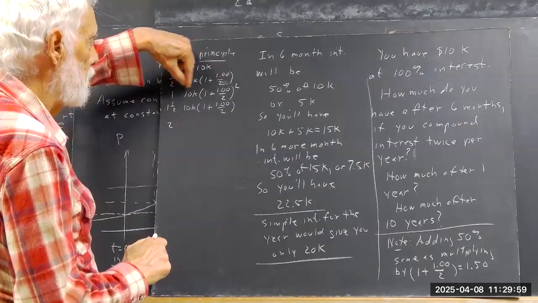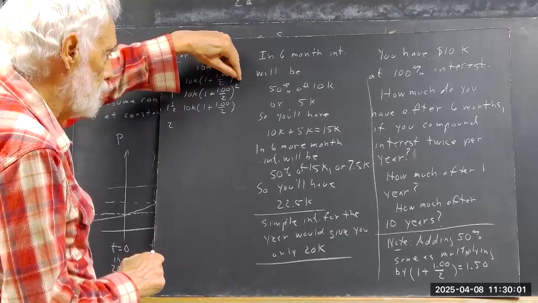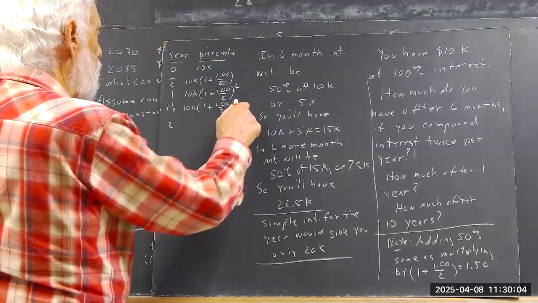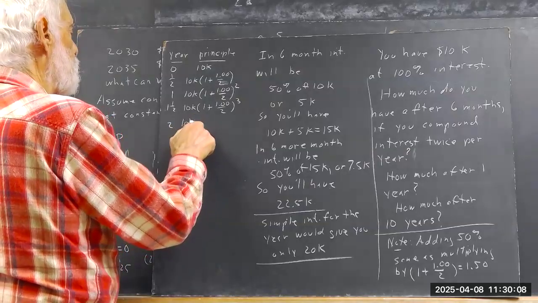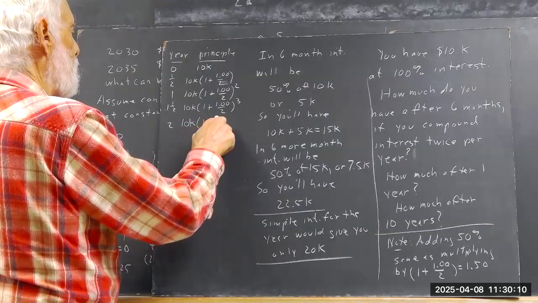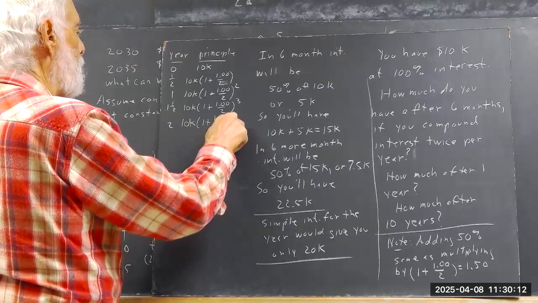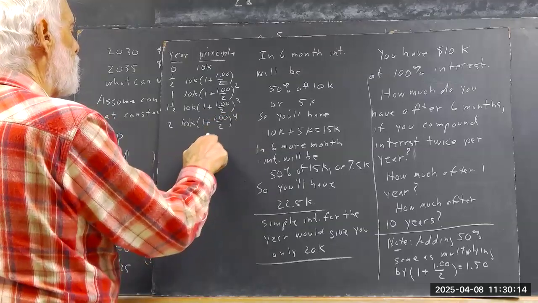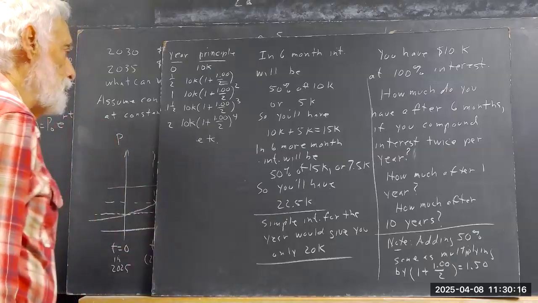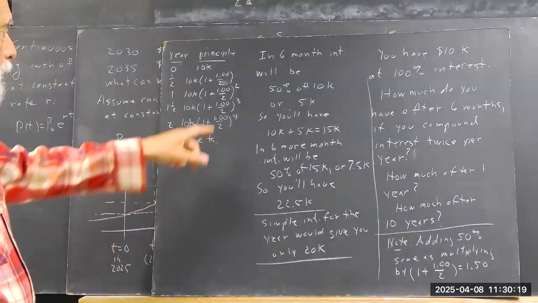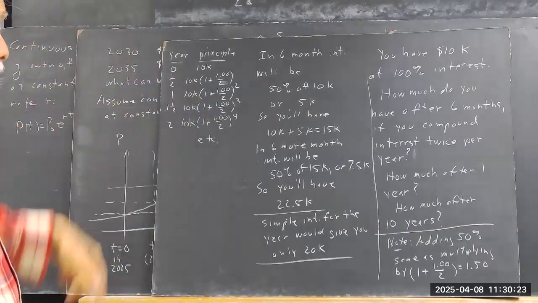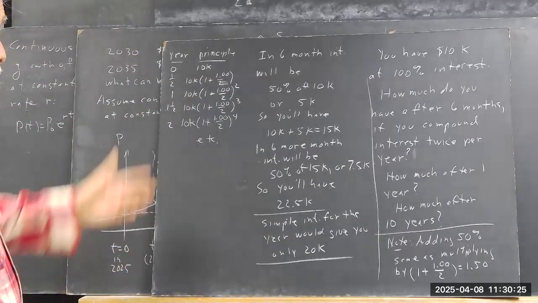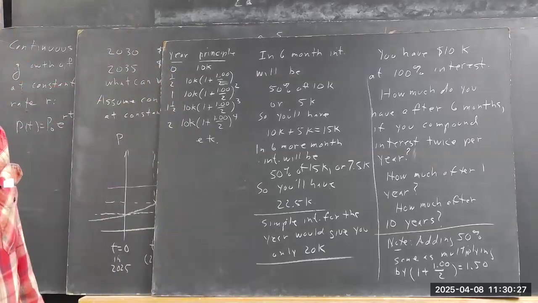We started with 10K times this factor squared. You multiply by that same factor, and you're going to end up cubed. And pretty soon it gets pretty monotonous. The power is going to be 2 times the number of years. And that's where the formula comes from.